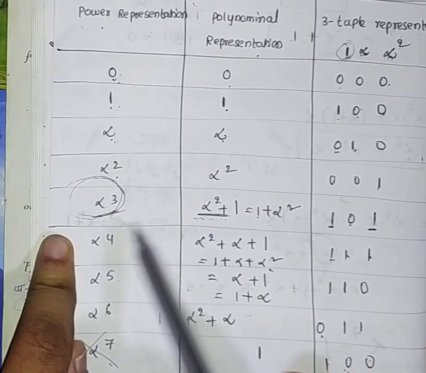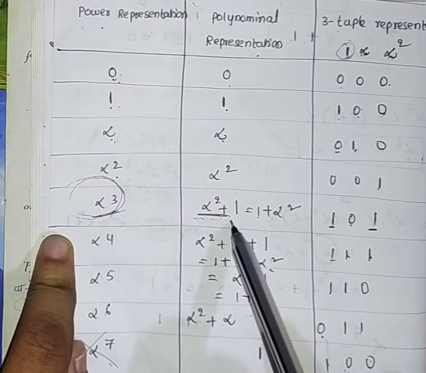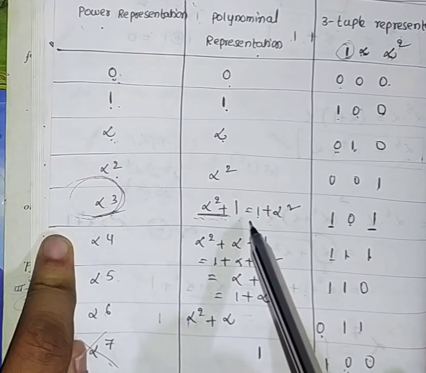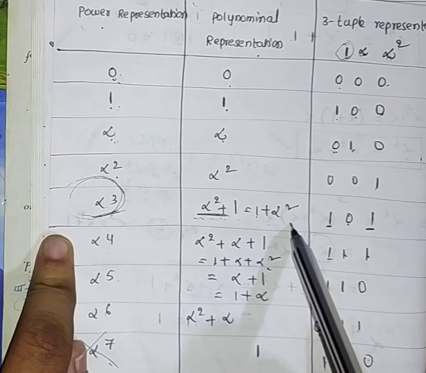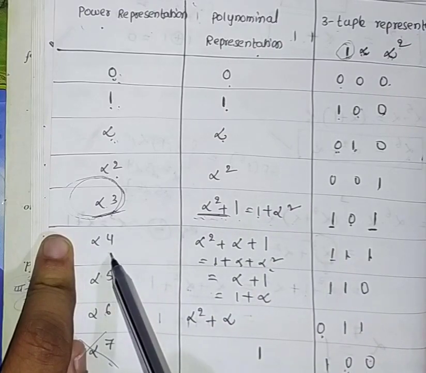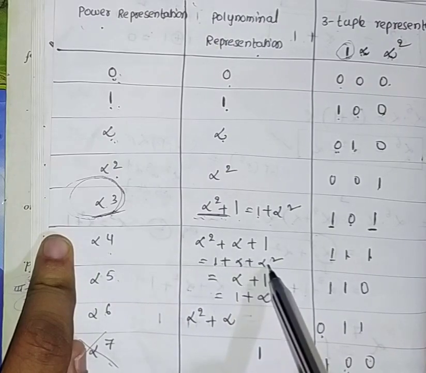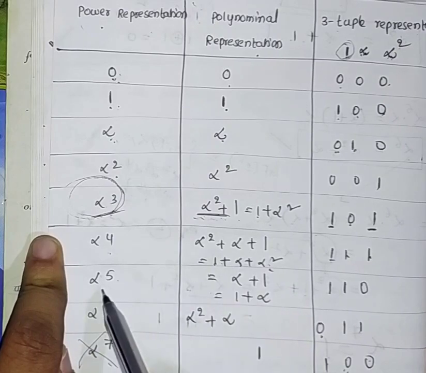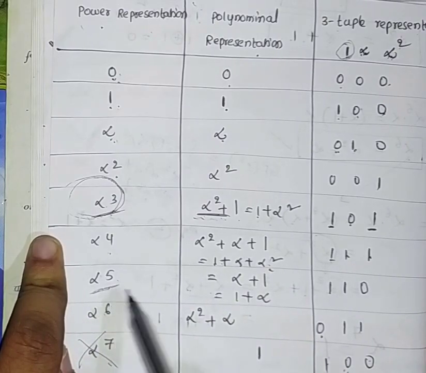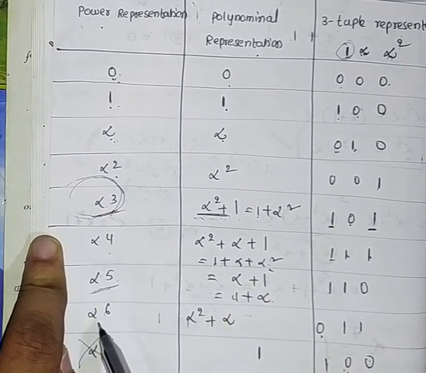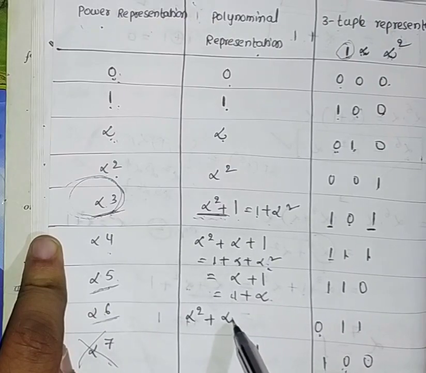The polynomial value of this alpha power cube is equal to alpha square plus 1. I write it as 1 plus alpha square. Right? And the polynomial representation for the element alpha power 4 is equal to 1 plus alpha plus alpha square. The polynomial representation for the element alpha to the power 5 is equal to 1 plus alpha. The polynomial representation for alpha power 6 is equal to alpha square plus 1.